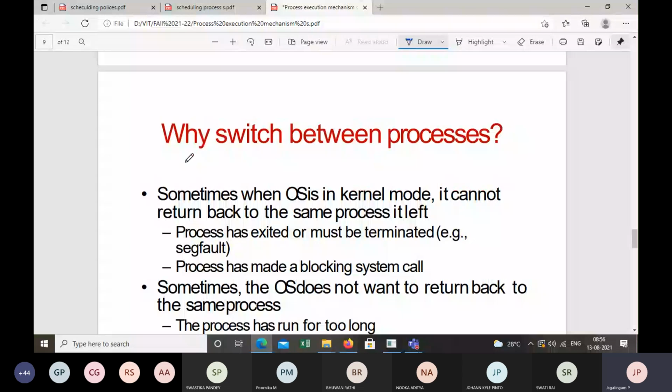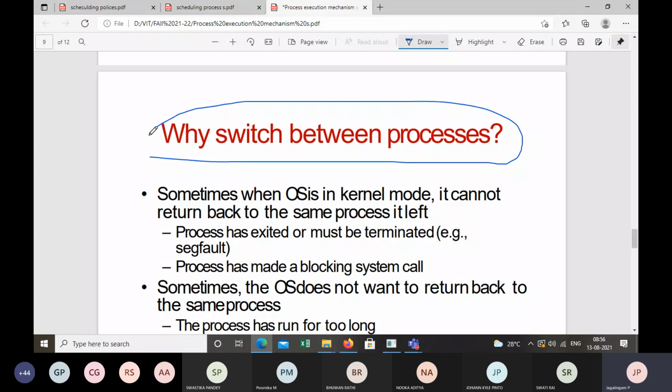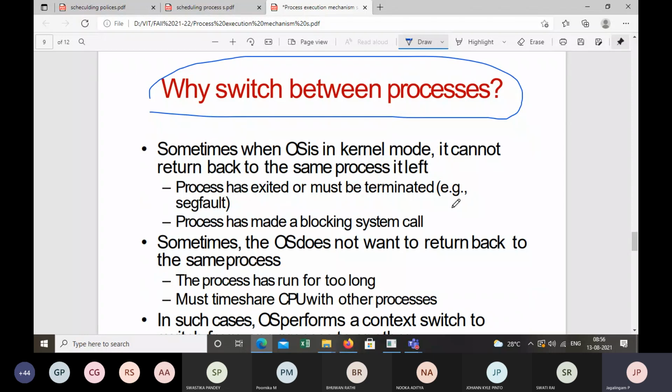Now we also discussed why we switch between processes, right? When the operating system is in the kernel mode, it may not return to the same process. In the user mode, when the CPU executes and you make a system call, the CPU comes to the kernel mode.